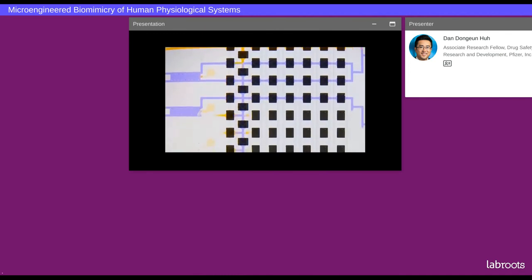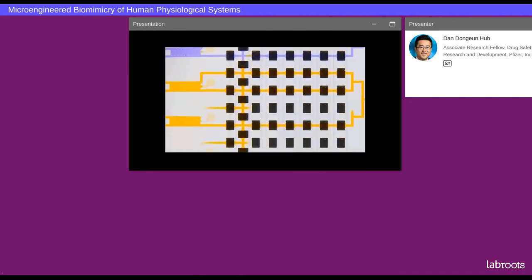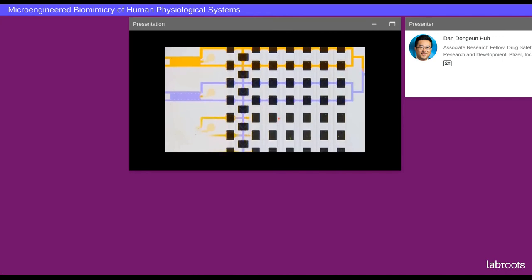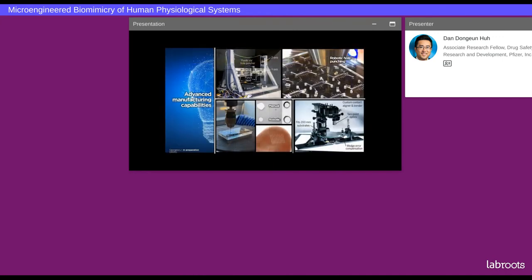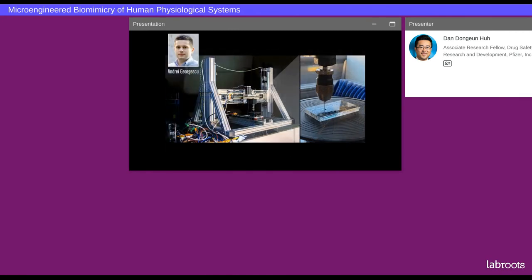And this movie shows individual addressability of these culture chambers, shown on the left portion of this movie. And we spent a lot of time on trying to automate the process of manufacturing these chips. This device contains more than 2,000 holes, and it takes about 4.5 hours to punch all these holes manually. So my student Andre, who's leading this effort, got frustrated, and he built this hole punching robot from scratch.